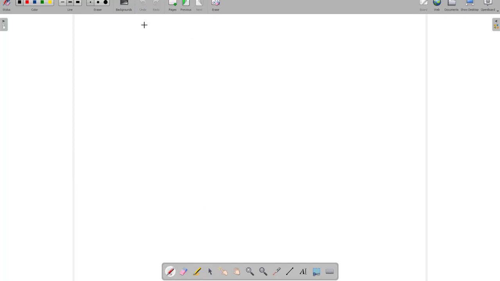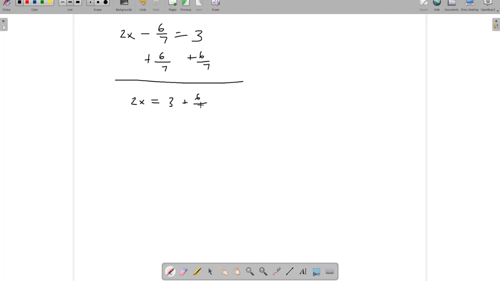Let's take that to a new page. 2x minus 6 over 7 equals 3. We're going to want to solve for x still, so we have to add this 6 over 7 to the other side. 2x equals 3 plus 6 over 7, which is actually just 3 and 6/7 if you want to write it as a mixed number.